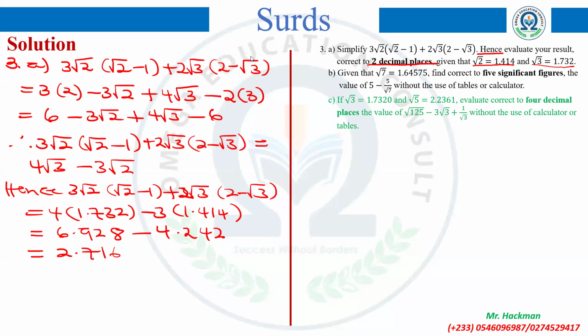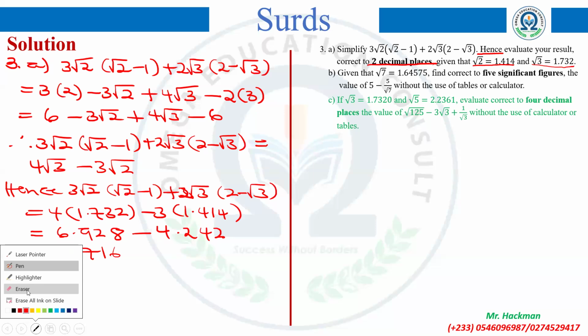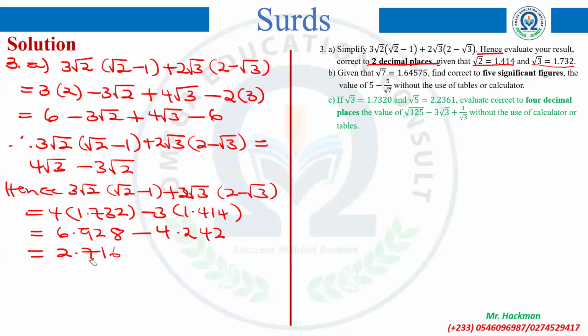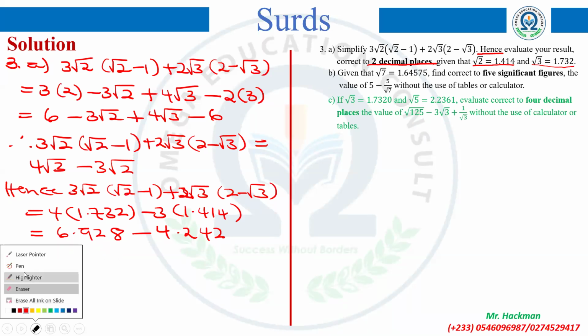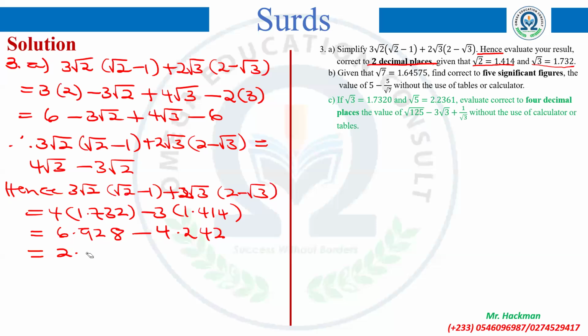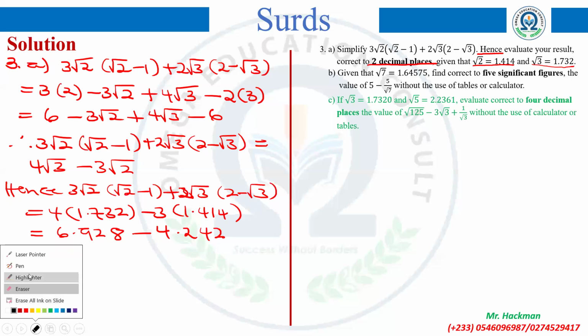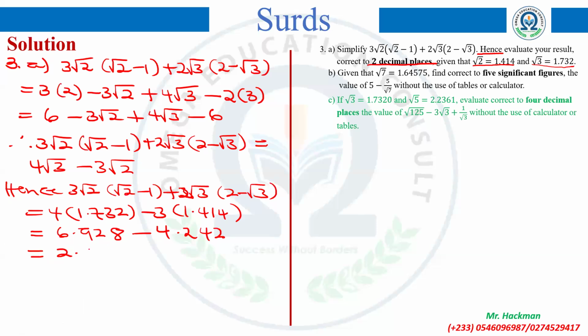So it's what? 2.686. Who gave me that value? I will have trust issues with you. Sorry, it was a mistake. You see, you are now telling me that's a mistake. I have trust issues with you. So please come again with the value. 2 point.